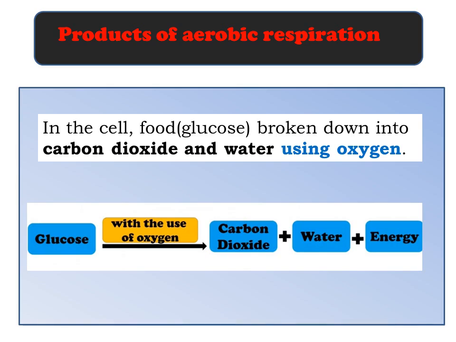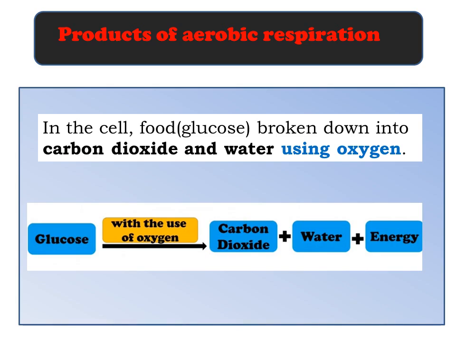So here you can conclude what happens in aerobic respiration, meaning what is the result or the products of aerobic respiration. In the cell, the food in the form of glucose is broken down into carbon dioxide and water by using oxygen, as it comes under aerobic respiration.